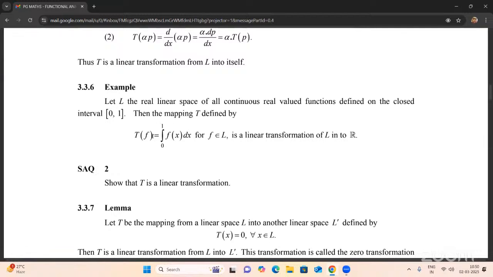Now f and g belong to L, so f plus g also belongs to L. That is the closure condition verified.